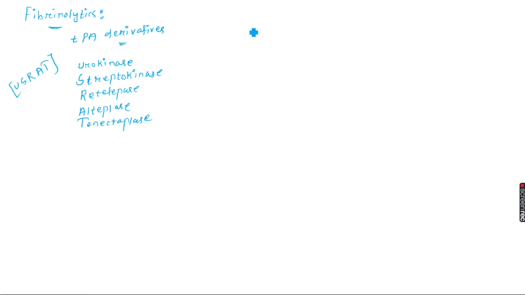So the first drug is streptokinase. An important term about streptokinase is that it is obtained from a bacteria, that is hemolytic streptococci.